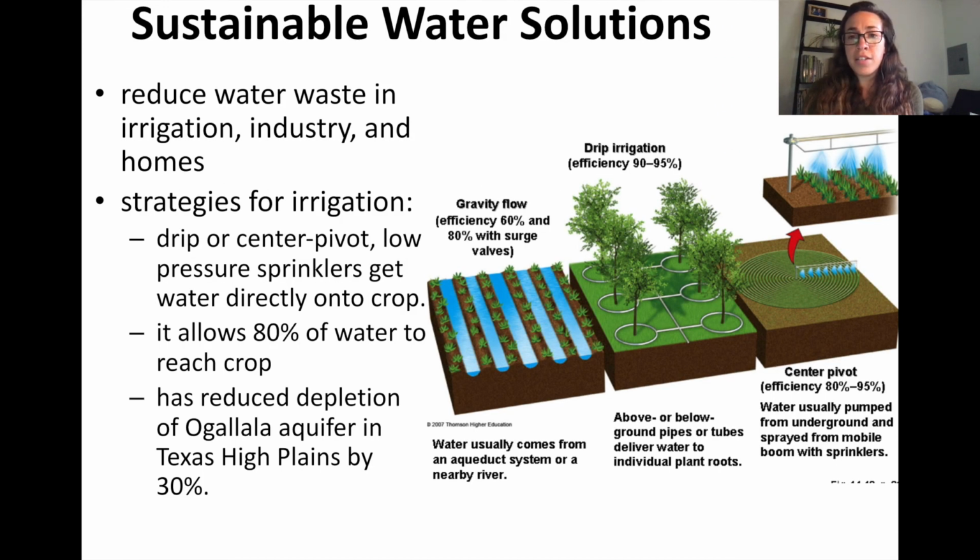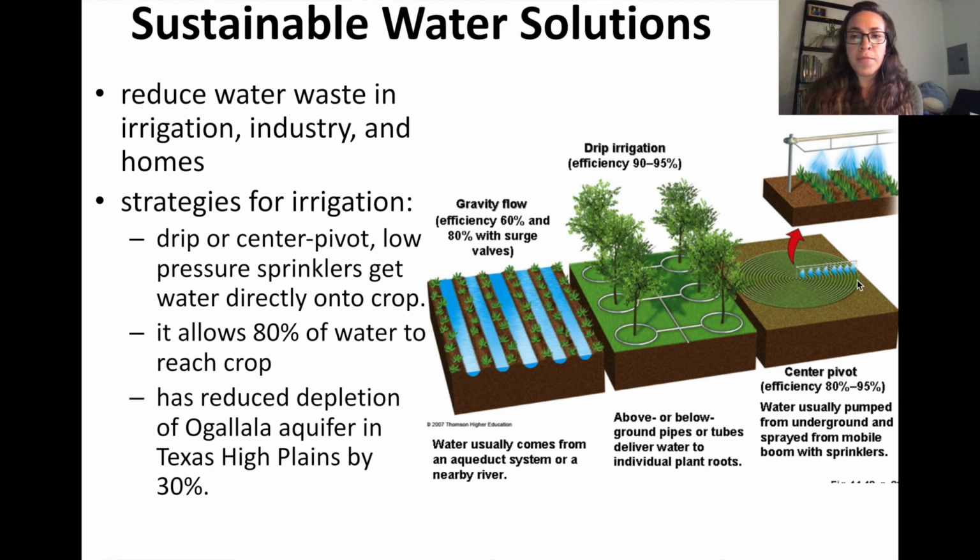Irrigation methods need to become more sustainable. We've talked about how flood irrigation methods are not all that water conserving. And so we're pushing towards more drip irrigation methods. Again, it's expensive, but it's something that's a little bit better.